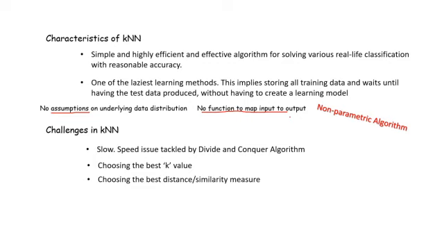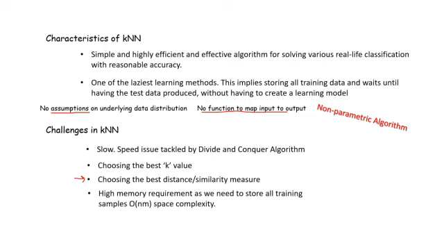Then also to choose the best distance or similarity measure, though in most cases Euclidean works pretty well. But sometimes in case your data set is not a very conventional one, and you are going to try to use KNN, it might be a little tricky. Euclidean might not work well.